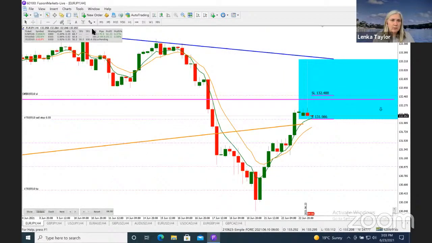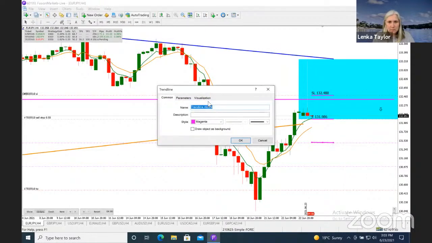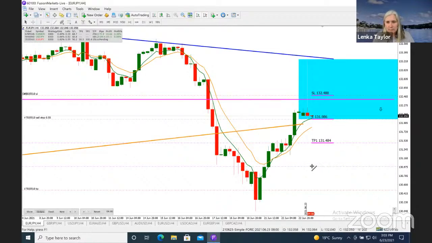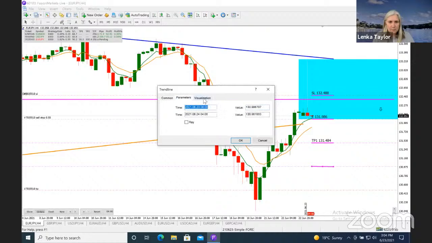Okay. So now the TPs. TP1 at 131.484. TP2 at 130.982.